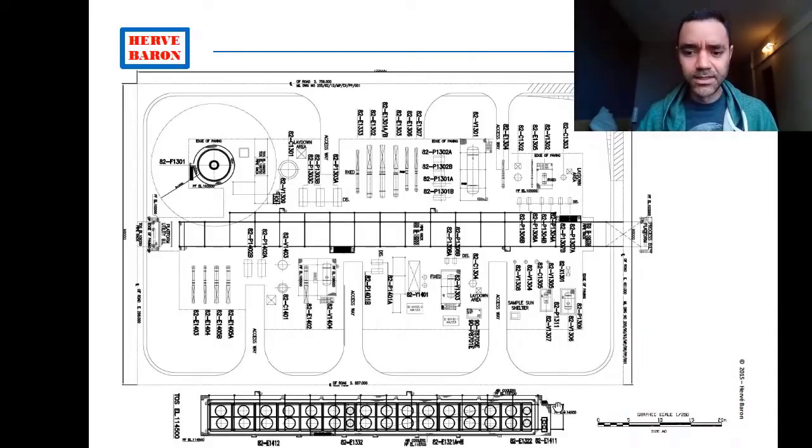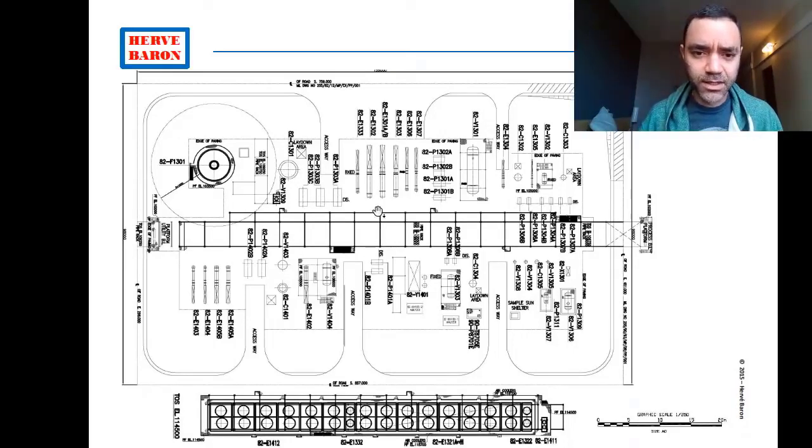And what matters here is that with the plot plan, for a preliminary calculation, you will draw a straight line from the pump to the pipe rack, and another straight line from the pipe rack around the equipments that you will cool down, and another straight line to the equipment.